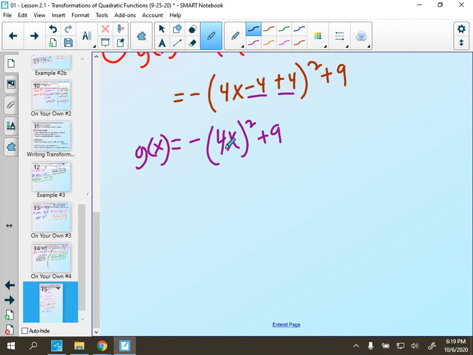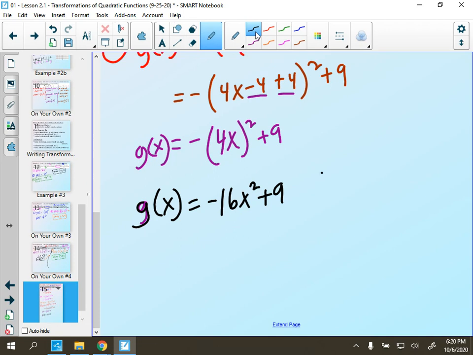What's 4x times 4x? I didn't realize that these were going to disappear like that. So 4x squared means 16x squared, and then we'll attach this negative on the front. So our hopefully final answer is negative 16x squared plus 9.